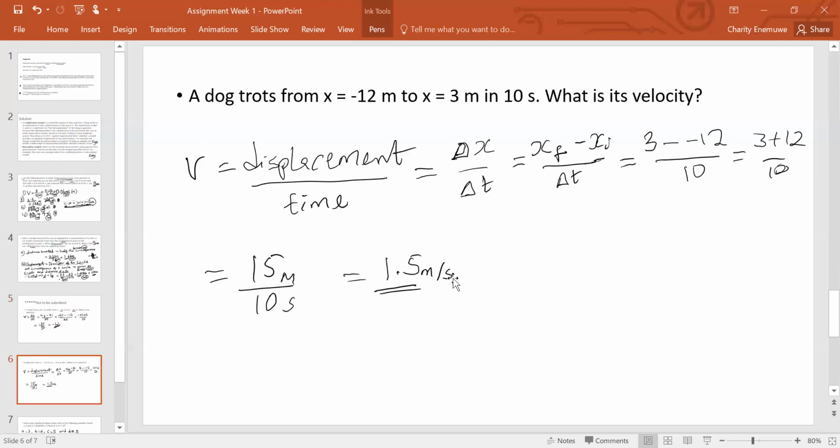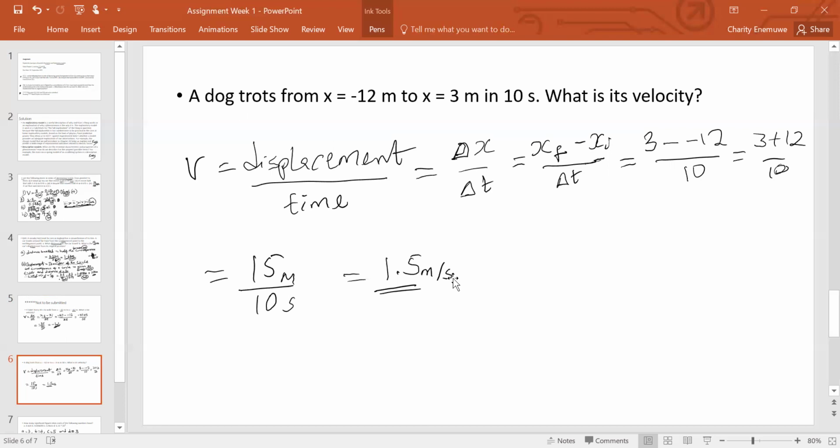Okay, so the same kind of question, the same pattern. A dog trots from the distance minus 12 meters to 3. If you have the idea of a number line, you already have an idea of what that distance is.